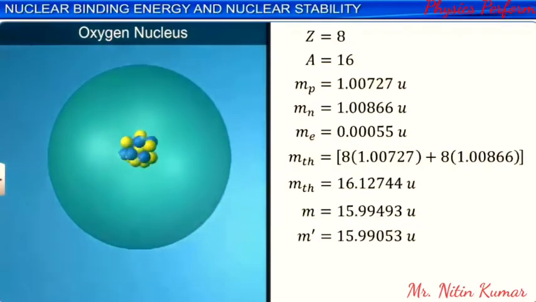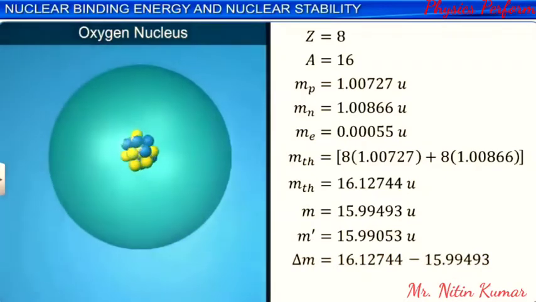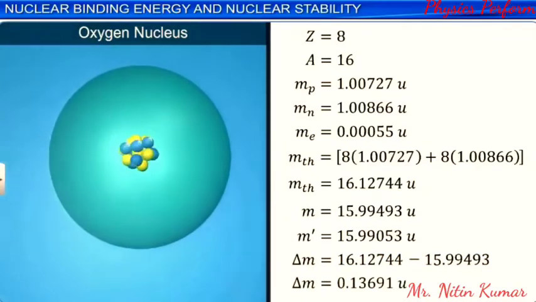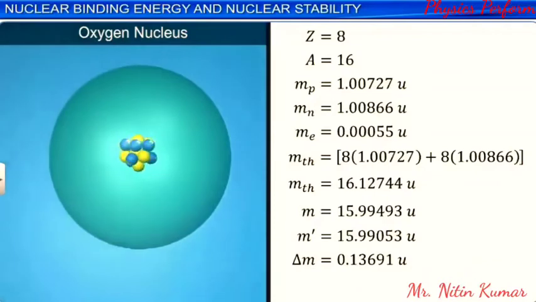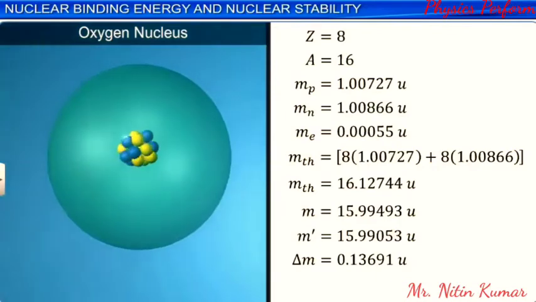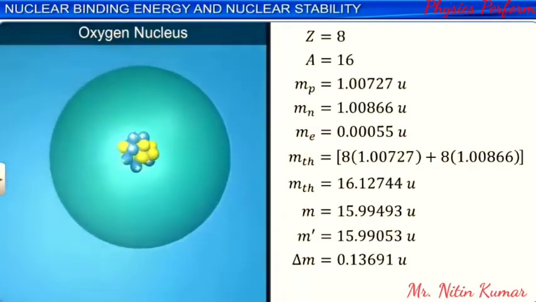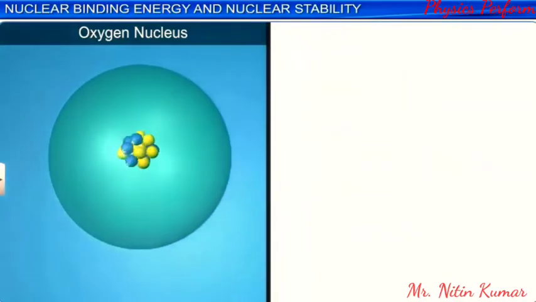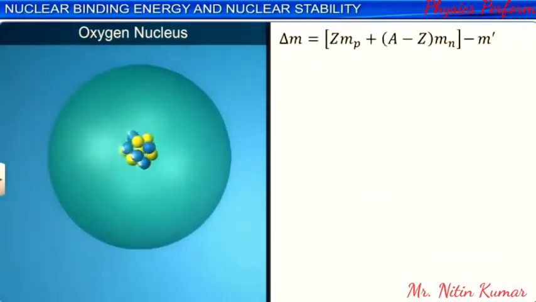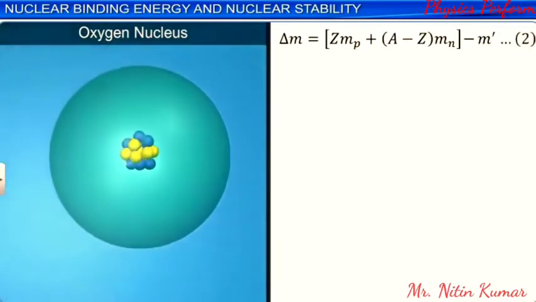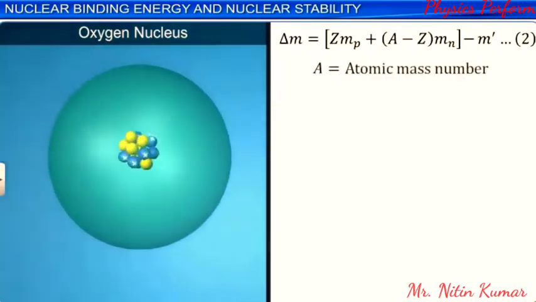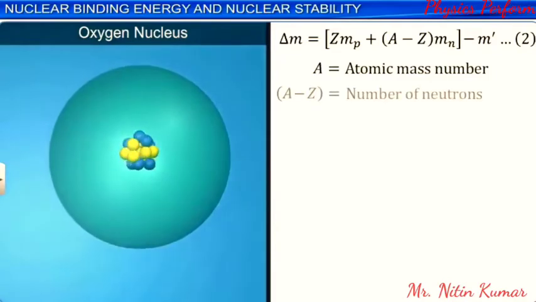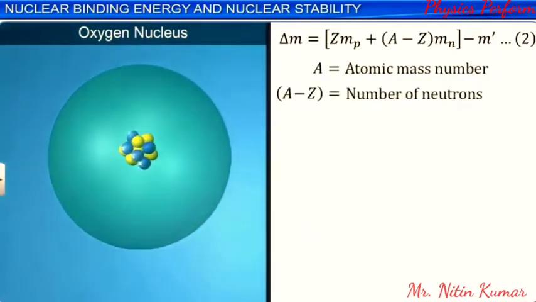This difference is called the mass defect, denoted by delta M. Mass defect delta M for a nucleus can be determined by equation 2 as shown, where Z is the atomic number of the element, A is the mass number, A minus Z denotes the number of neutrons in the nucleus, Mn is the mass of each neutron, Mp is the mass of each proton, and M dash denotes the actual mass of the nucleus.